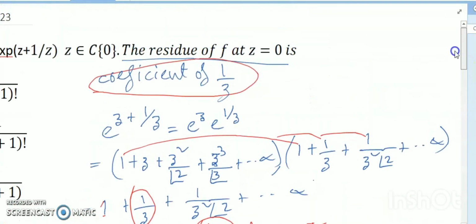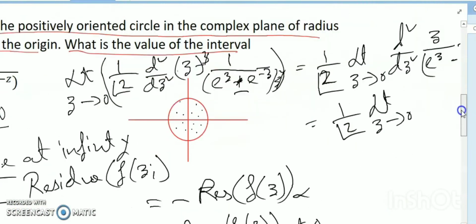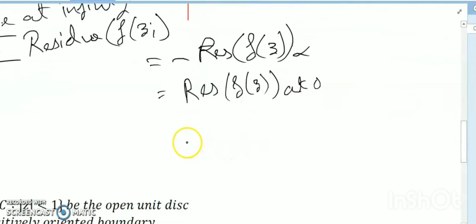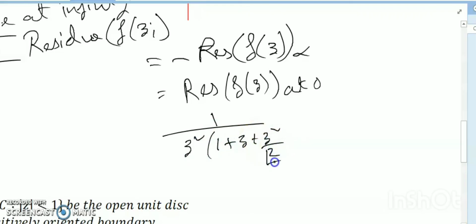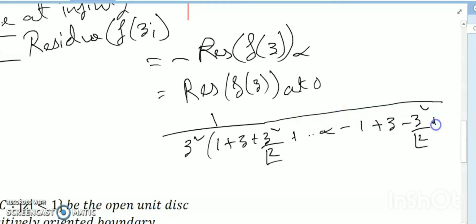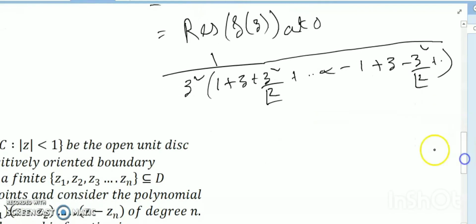Applying it here, in the Taylor expansion, 1 by z square into e to the power z is 1 plus z plus z square by 2 factorial and so on up to infinity, minus 1 and minus z plus z square by 2 factorial. Now friends, you can write the cut.